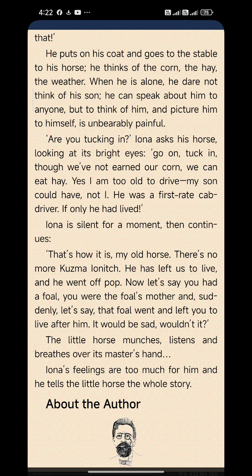You were the foal's mother, and suddenly, let's say that foal went and left you to live after him. It would be sad, would not it?" The little horse munches, listens, and breathes over its master's hand. Lona's feelings are too much for him, and he tells the little horse the whole story.